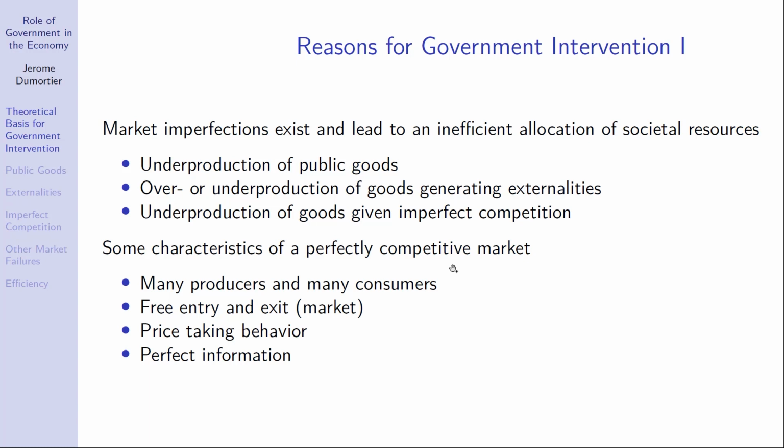When we have externalities, then we face an over- or underproduction of the good, depending on whether it is a positive or a negative externality. Also, when we have imperfect competition, meaning a firm that has a monopoly, then we have an underproduction of goods.